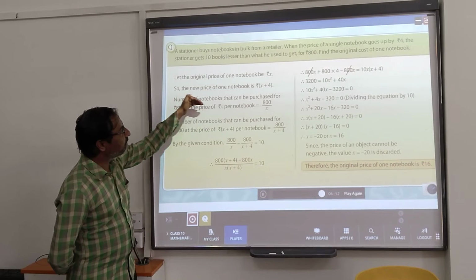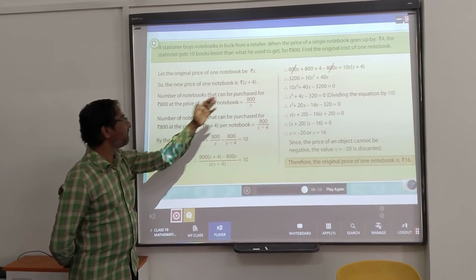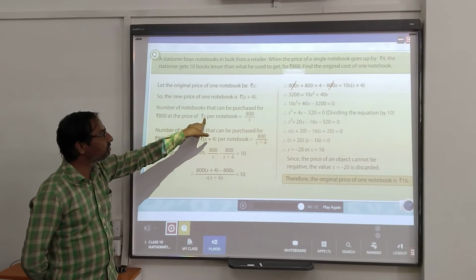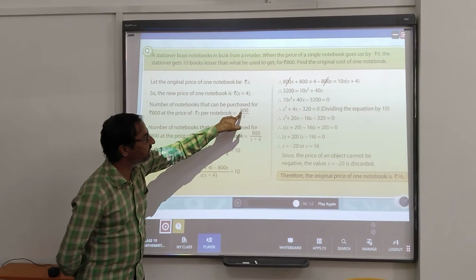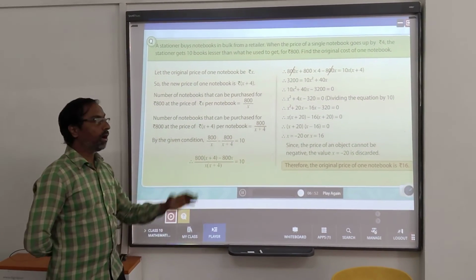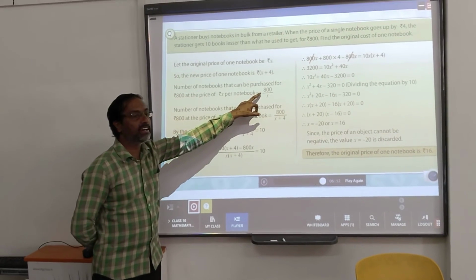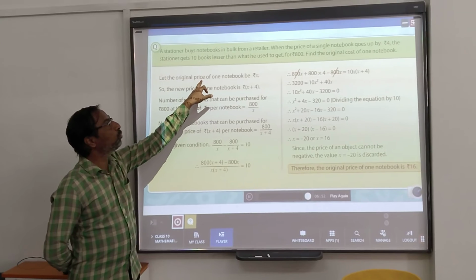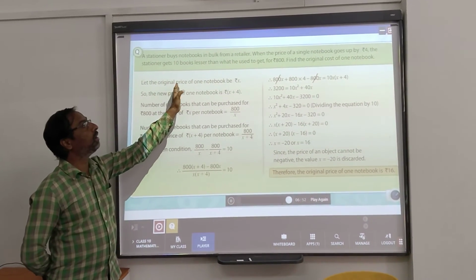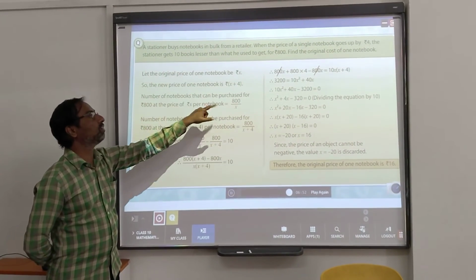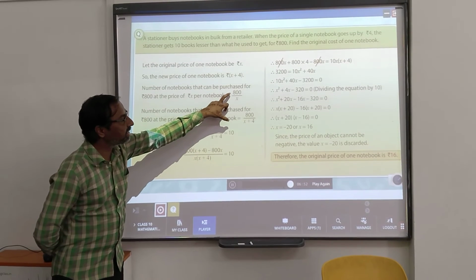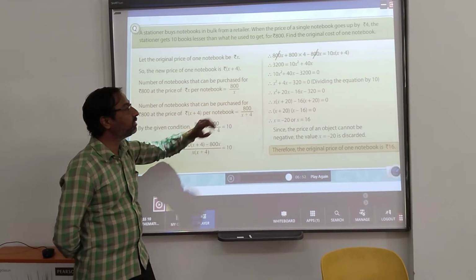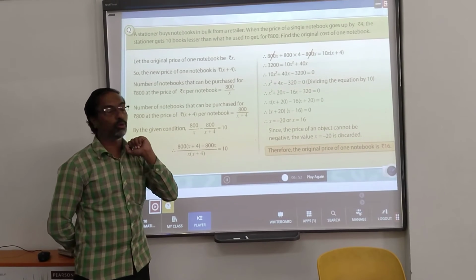Then, the number of notebooks that can be purchased for rupees 800 at the cost of rupees x is taken as 800 by x. Why is it 800 by x? 800 is the total amount and x is the price of one notebook.